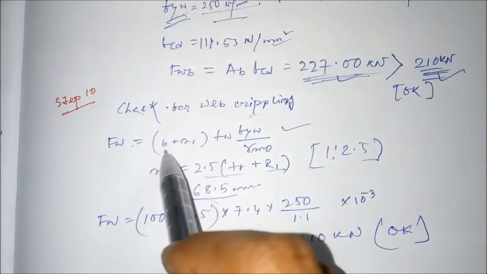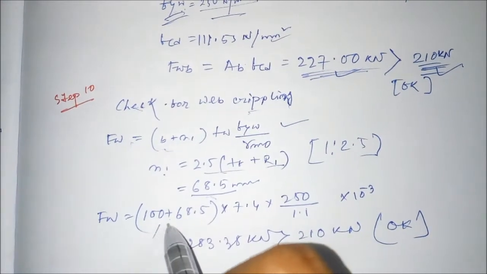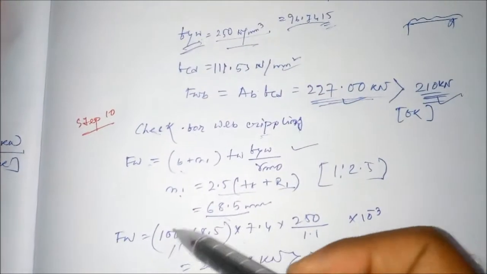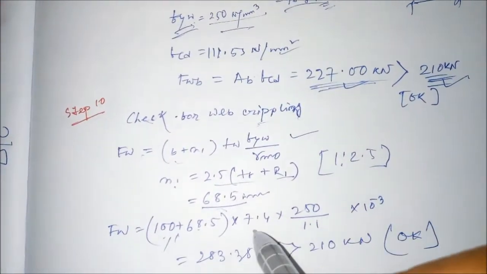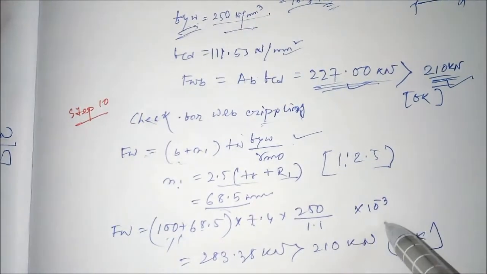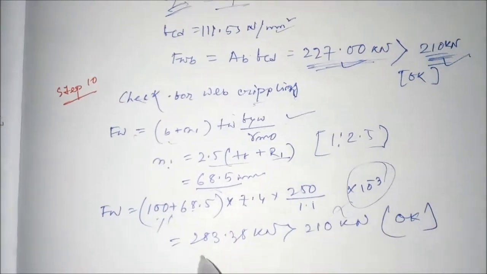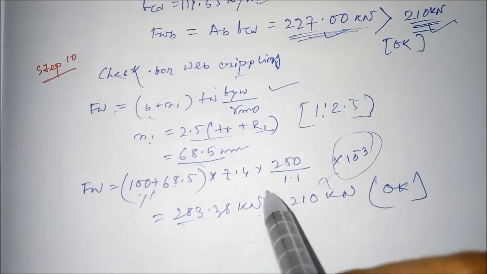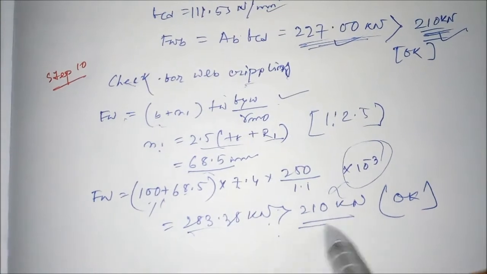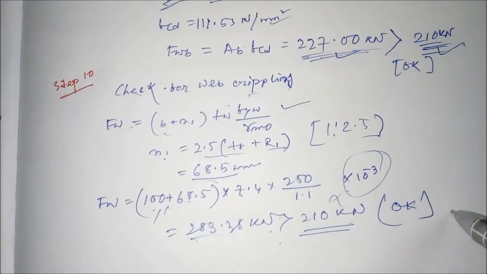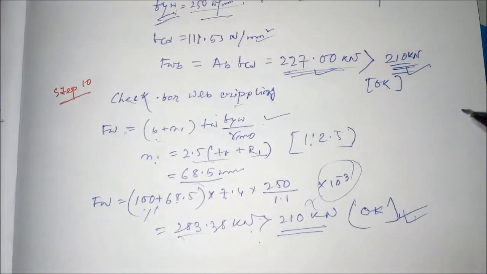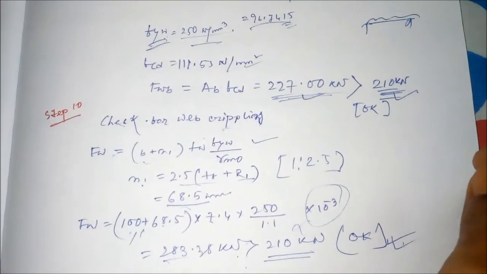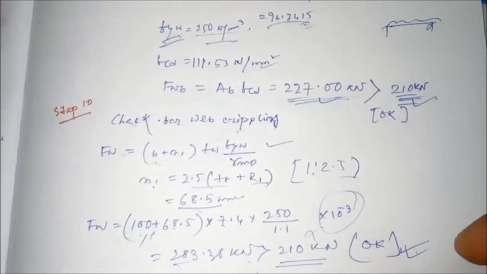If you put all the values, B is the bearing which we earlier assumed to be 100, N1 is this, thickness is this, and if we convert this, you will get this value as 238.38 kilonewton, which is greater than the maximum shear force, right? So it is also okay with respect to web crippling. In this manner we can design for high shear condition also. Okay, thank you.